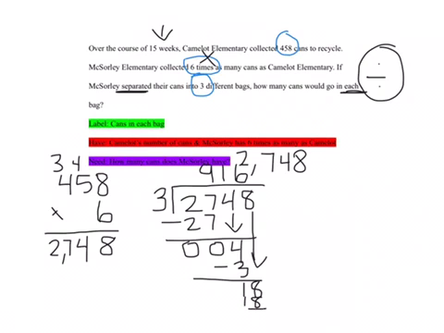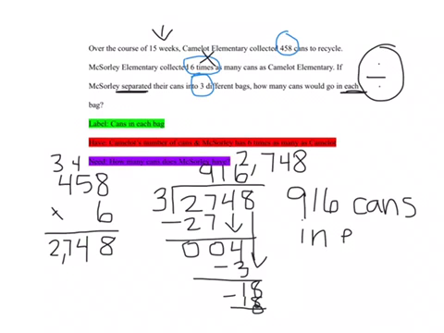Oh, running out of room. Subtract, and we have 0. Okay, so 916 cans, remember we have to write the label, in each bag.